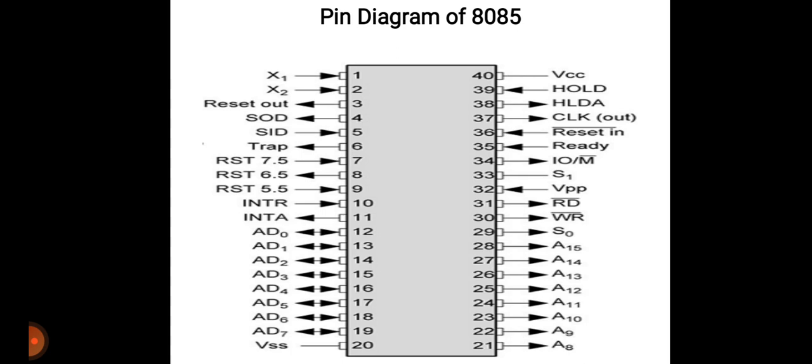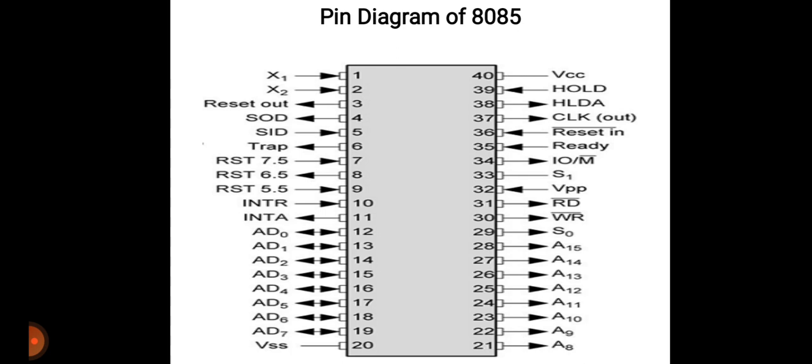In the LHS side, pin number 1 is X1, pin number 2 is X2, pin number 3 is reset out, pin number 4 is SOD and pin number 5 is SID, pin number 6 is TRAP, pin numbers 7, 8, 9 are RST 7.5, 6.5 and 5.5. Then 10 and 11 are INTR and INTA. Pin numbers 12 to 19 are AD0 to AD7 and pin number 20 is VSS.